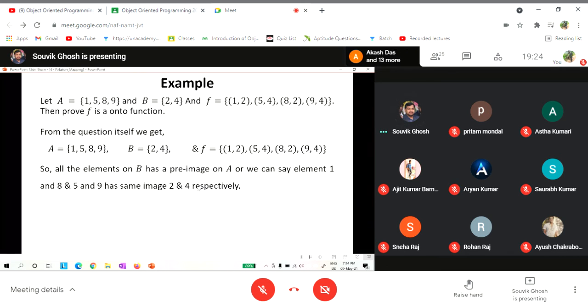Since this happens, we say that this is an onto function. Therefore F, which is defined from A to B, is a surjective function.